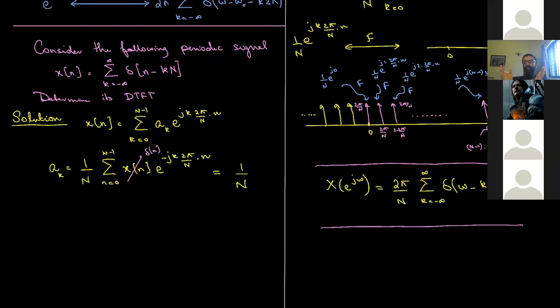The corresponding impulses will come in the Fourier transform between 0 and 2 pi, and then just periodically extend it. Right? So this can be generalized. Excellent. Okay, very nice. Any other questions before I go on?